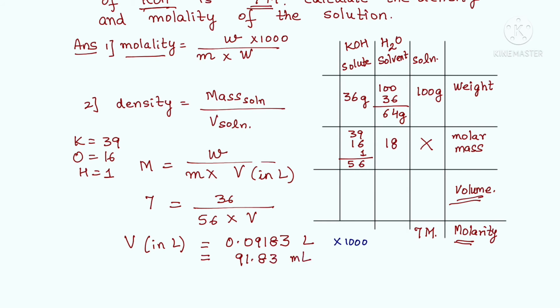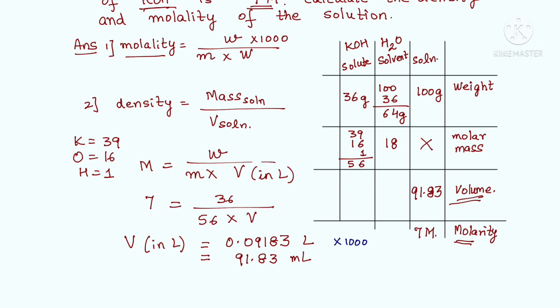There's no compulsion that you have to convert it into milliliters, but when we calculate density, usually the density is in gram per milliliter, not in gram per liter. So it is better for me to write down the volume in milliliters and complete my table as well.